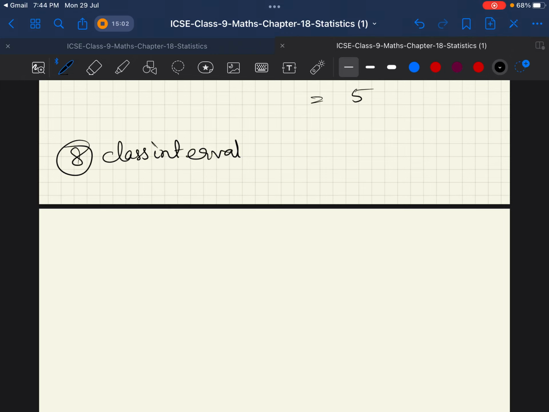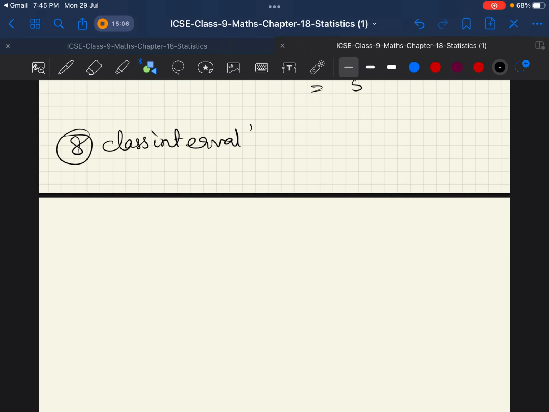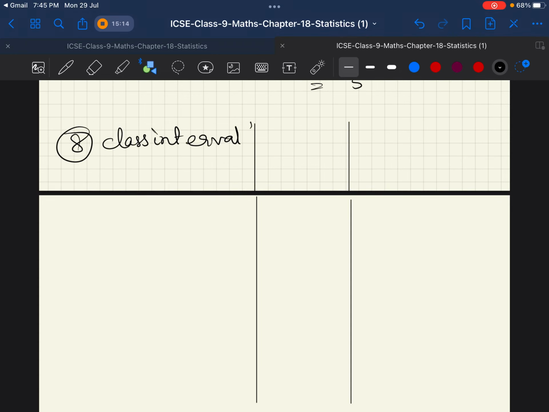Okay, so here class interval, this is the class interval, and this is frequency, and this is cumulative frequency.